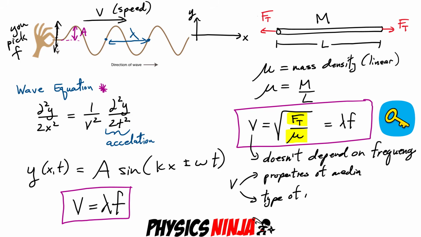In this case it is a transverse wave, and this is related to the interactions in the string. So these are the two things that affect the speed of the wave. The frequency doesn't affect the speed of the wave. Even if you move your hand faster or slower, the speed does not depend on f, and that's a very important point.